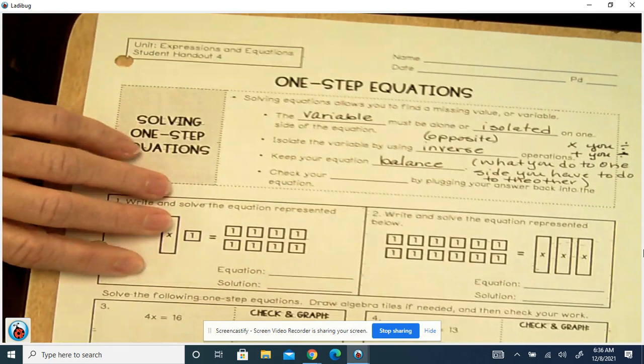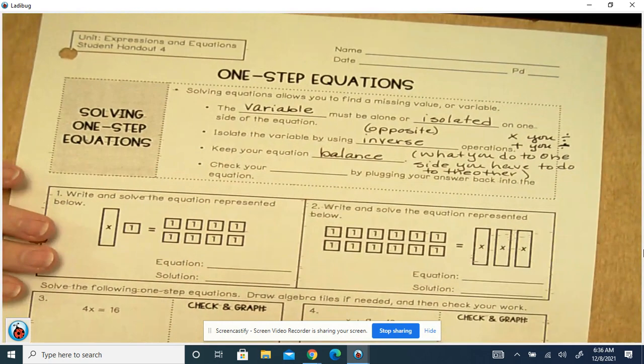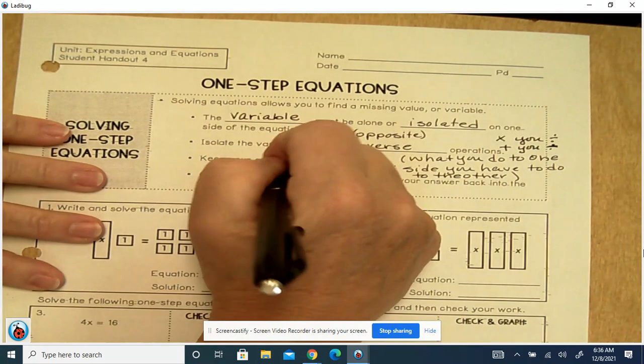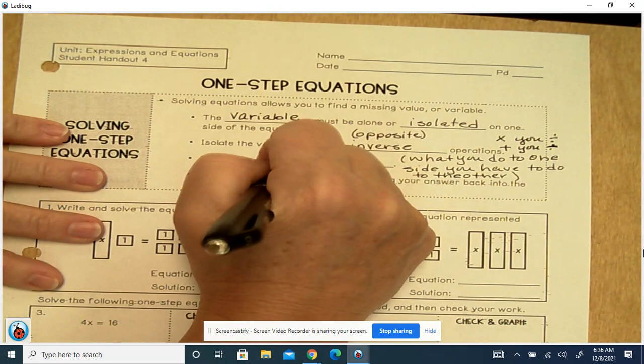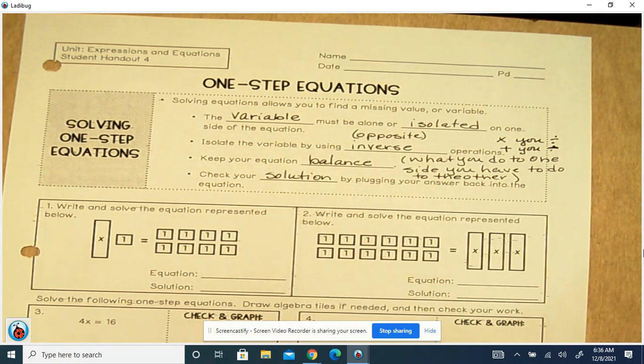So what you do to one side, you have to do to the other. All right, and then check your solution. Is your answer correct, by plugging your answer back into the equation.